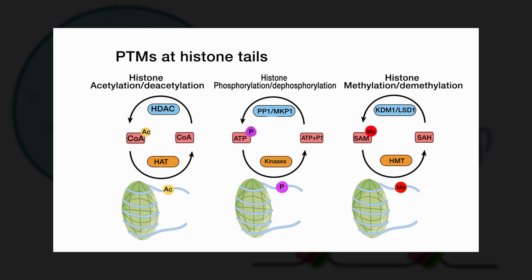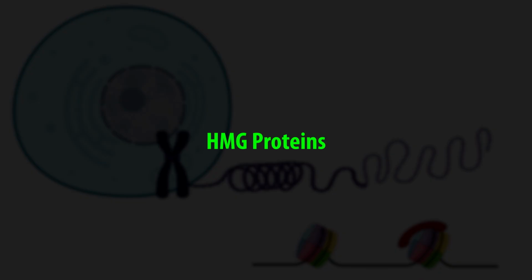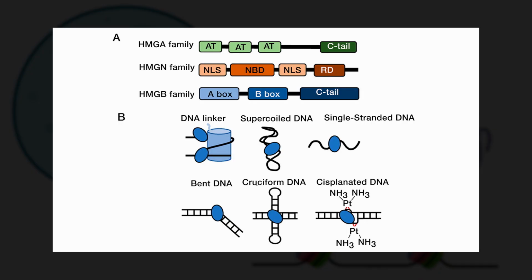gene expression. Non-histone architectural proteins, including the high mobility group or the HMG proteins and the cohesins or the CCCTC-binding factors, also called the CTCF, further shape chromatin structure. HMG proteins bind DNA, induce bending and enhance accessibility for transcriptional regulation and nucleosome remodeling.